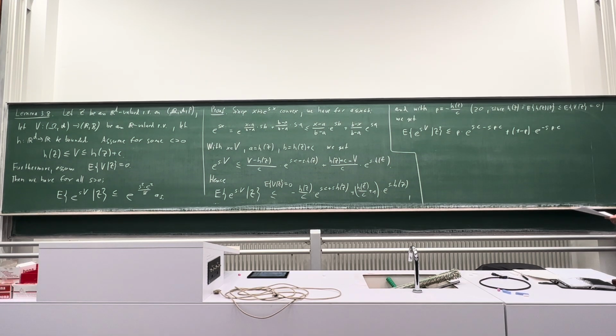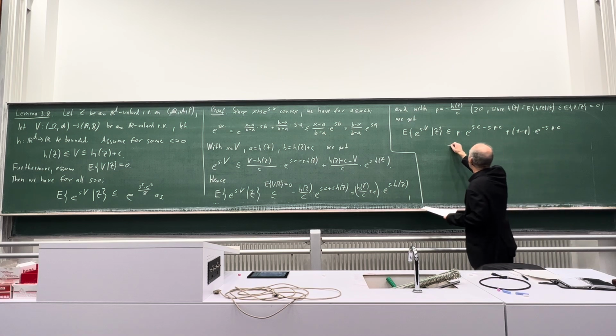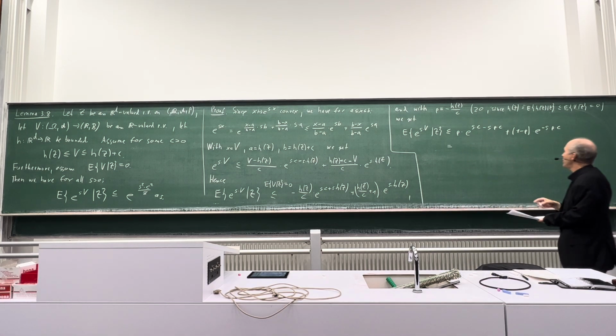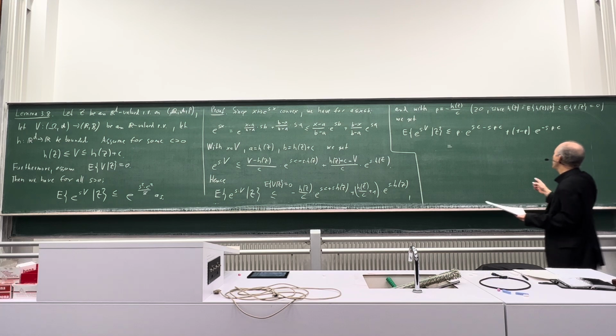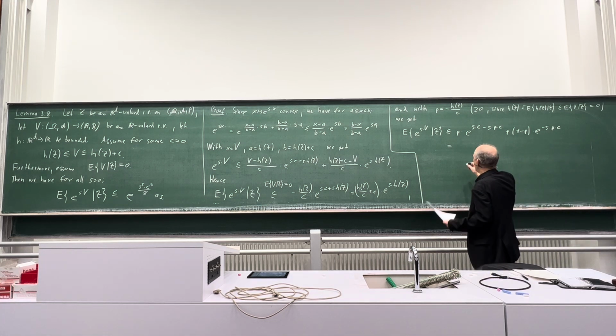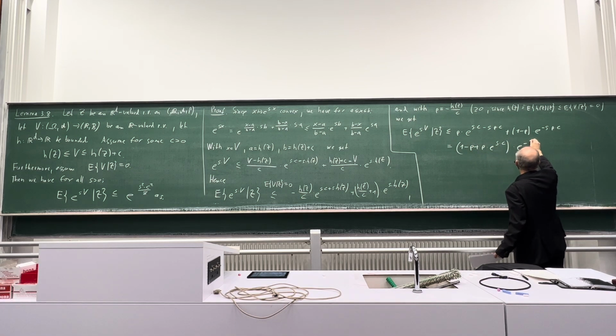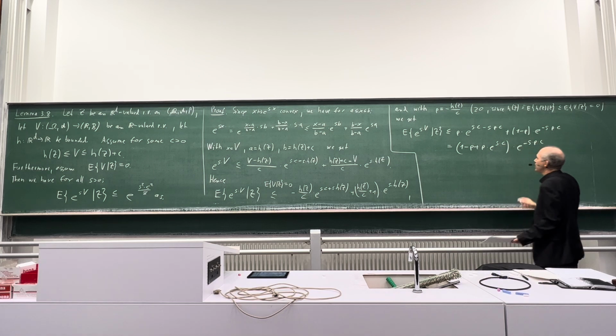Now I rewrite this where we move out the common factor, which is e to the power minus s times p times c. And then what is left is 1 minus p plus p times e to the power c, times e to the minus s times p times c.